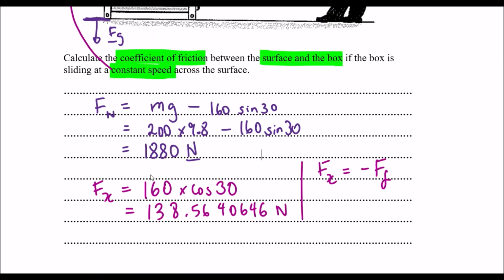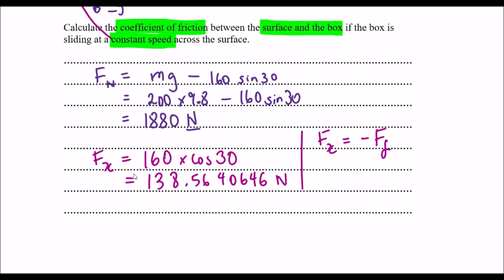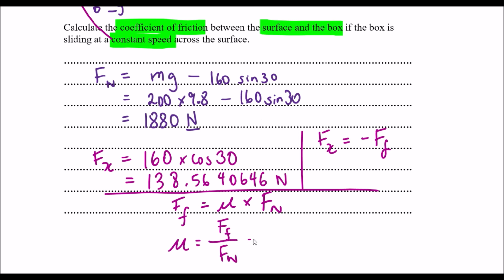Okay. The final thing we need to do is our substitution to find the coefficient of friction. So I rearrange the equation. When mu is the subject of the equation, we have the friction force divided by the normal force.